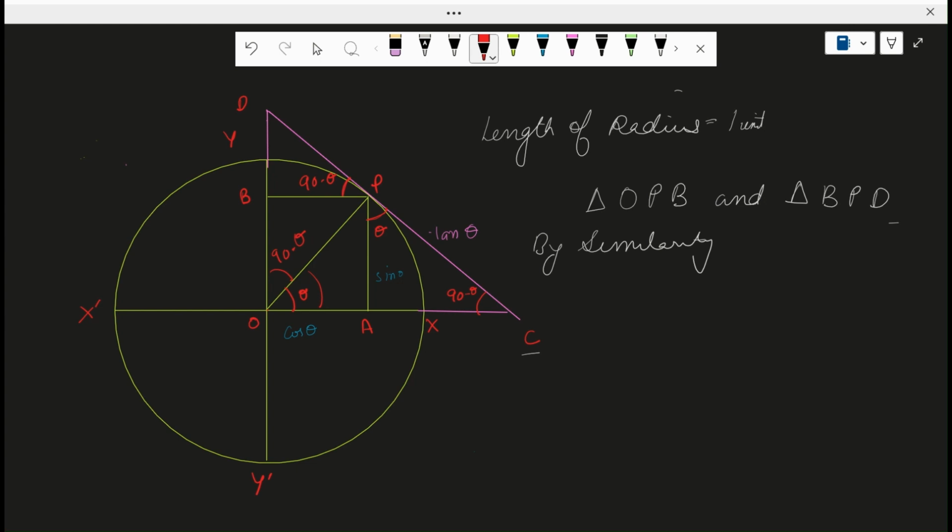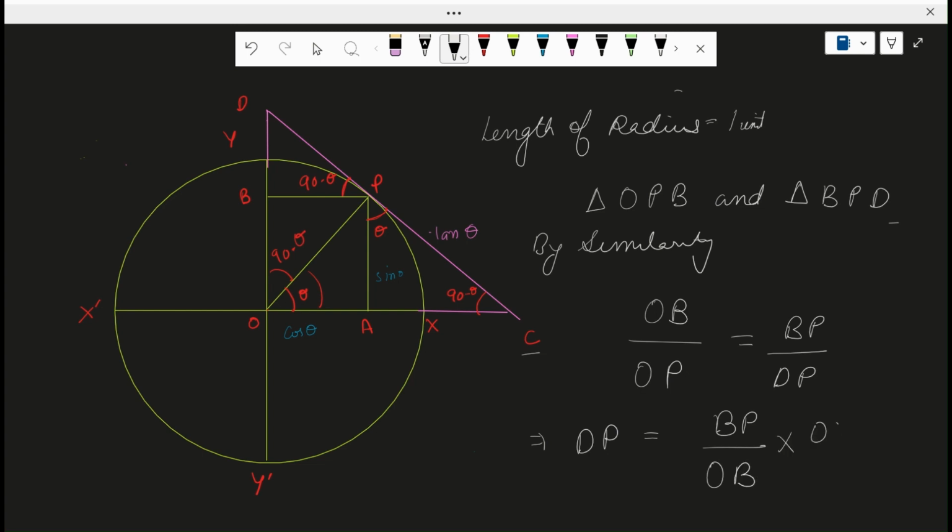Let us calculate by similarity of the triangles OB upon OP is equal to BP upon DP. Let me take DP on one side. So we have BP over OB into OP.